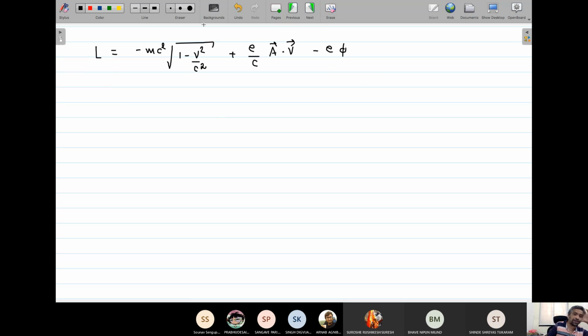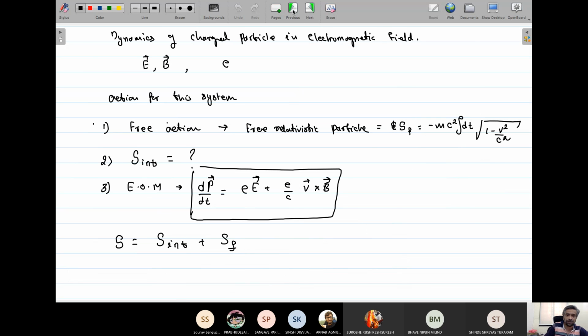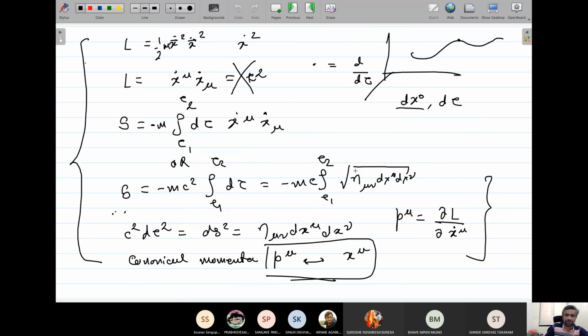Note that this is not in manifestly Lorentz invariant form, it's not written in 4-vector notation, but everything is hidden here. If you construct the action, then that action is Lorentz invariant. Only thing is that I have not written it in manifestly Lorentz invariant form. If you want to write it in the manifestly Lorentz invariant form, then your starting point will be this. Use this as S interaction and use this part as the action for the relativistic free particle.